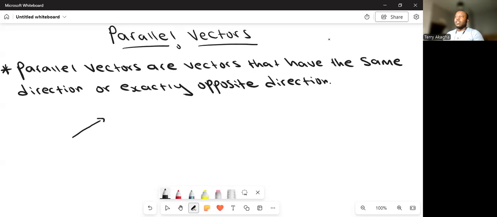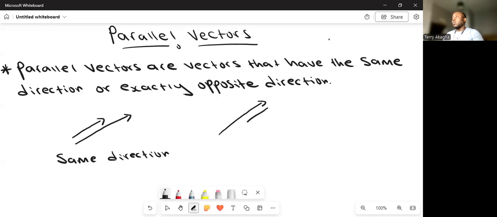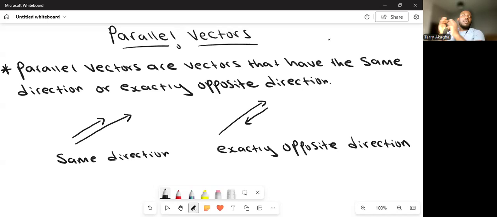So you can have these vectors, these are parallel vectors. These have the same direction. Are you seeing it? Or you can have something like this. They're both parallel, but they're in exactly opposite direction. So you can have it in the same direction or exactly opposite direction.